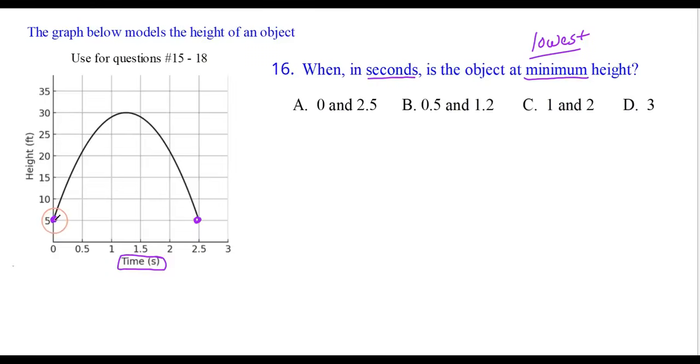It occurred here, which is at 0 seconds. And it occurred here, which is at 2.5 seconds. So my answer choice is A. In other words, the object was at minimum height at 0 seconds and 2.5 seconds.